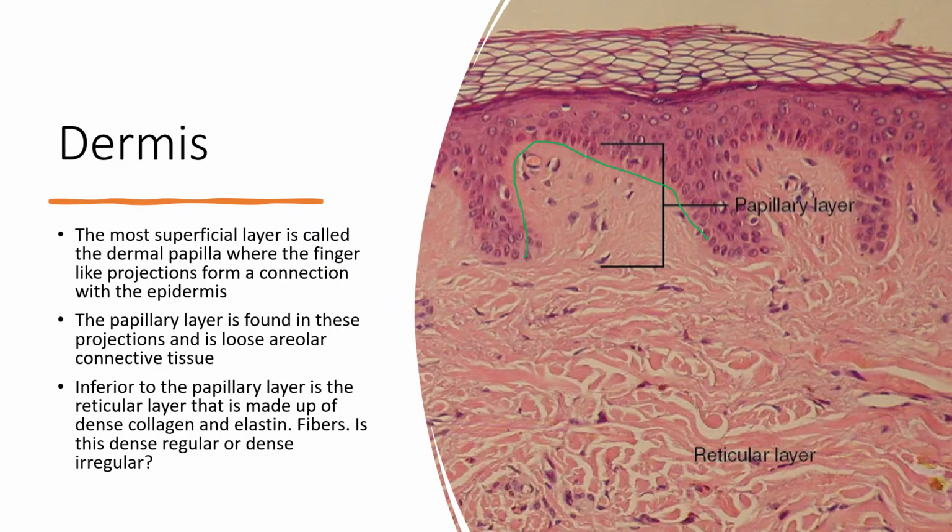As we move down in the dermis, we see different connective tissue. Now we have dense, irregular connective tissue. It's called the reticular layer, and this is where we have lots of elastin and collagen. And so when your skin is nice and elastic as we're younger, we have lots of collagen, we have lots of elastin in this layer, and we are continually replacing this.